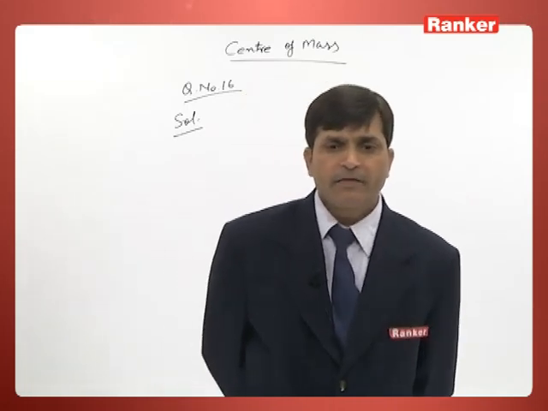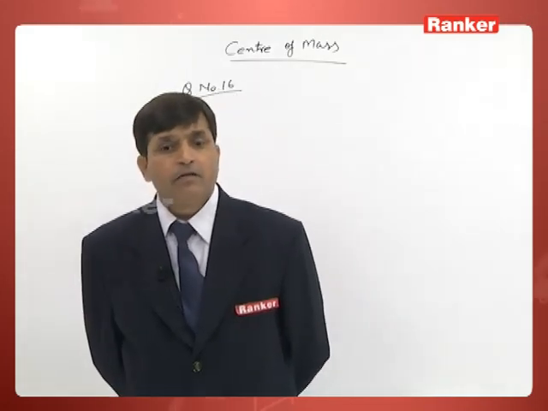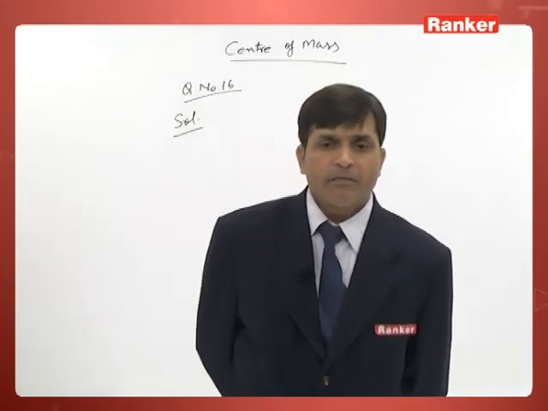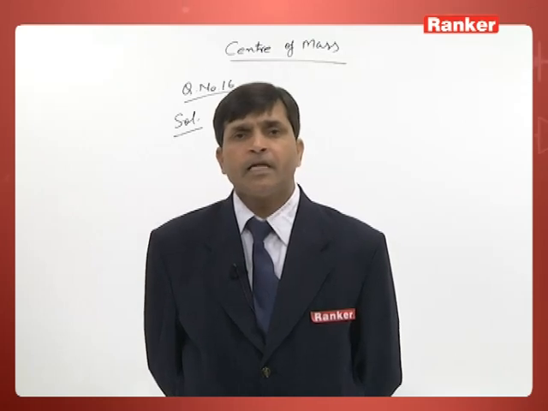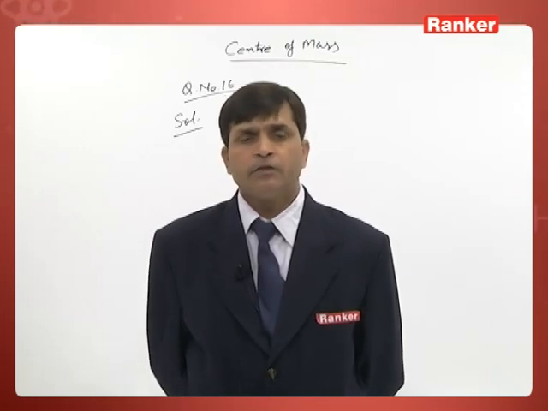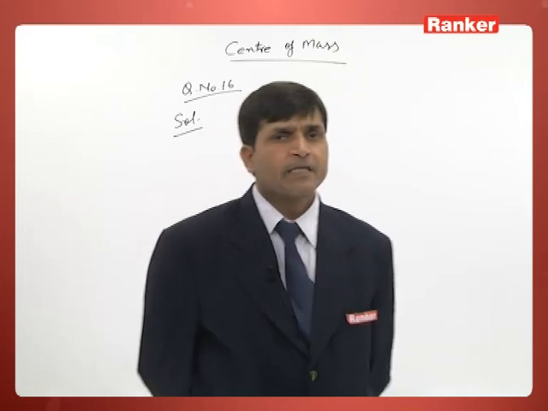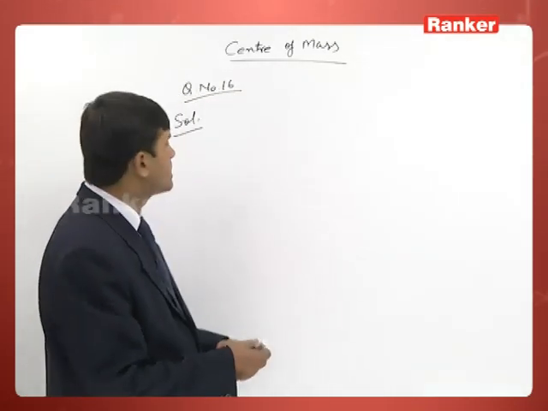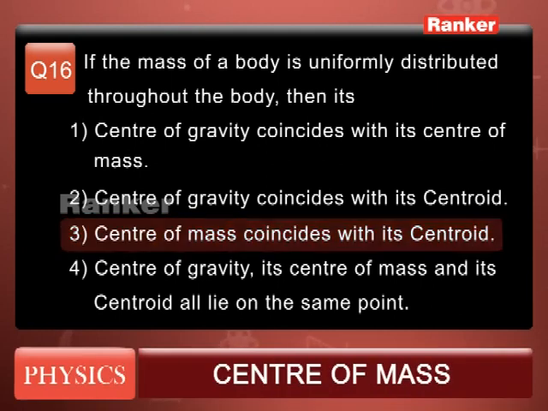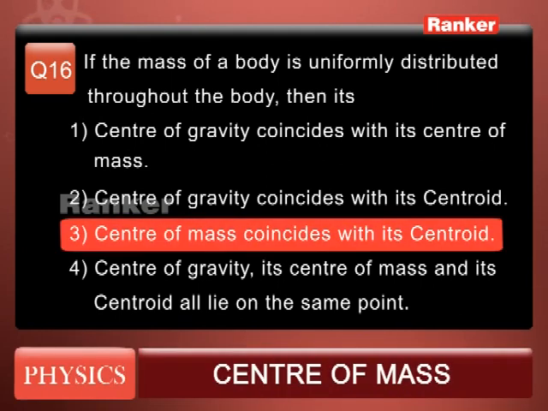The center of gravity coincides with the center of mass only when the g value is uniform, but the center of mass will always be at the centroid of the body. So option number 3 is the correct answer. So the answer is 3, the correct option.